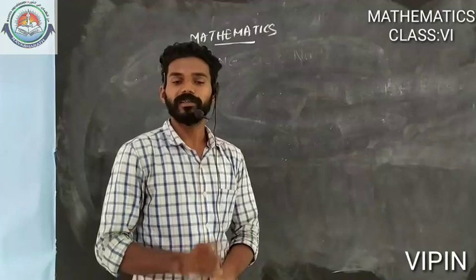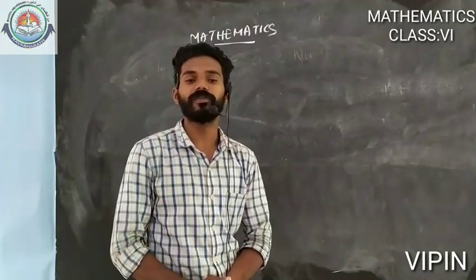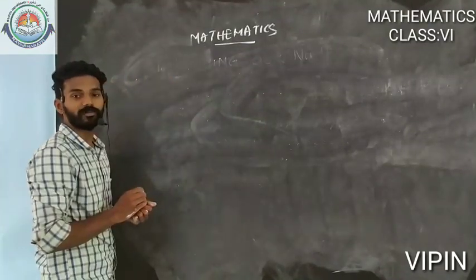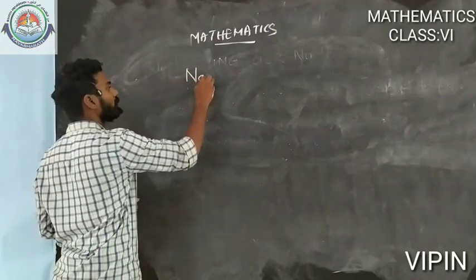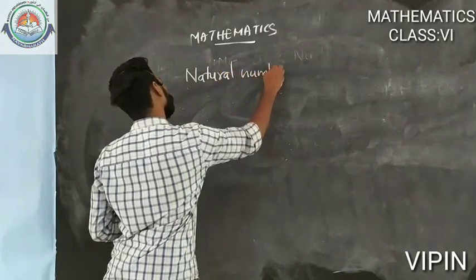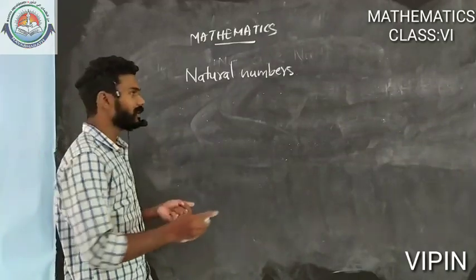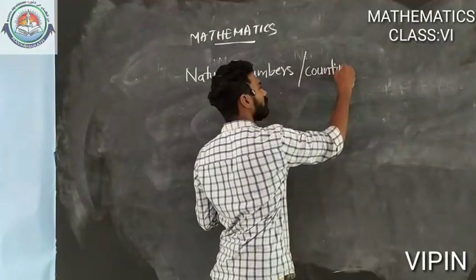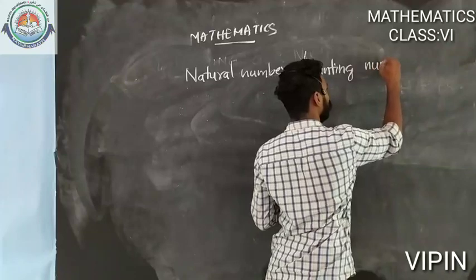And out of that, the first type of numbers in decimal system is natural numbers. These natural numbers are otherwise called counting numbers.